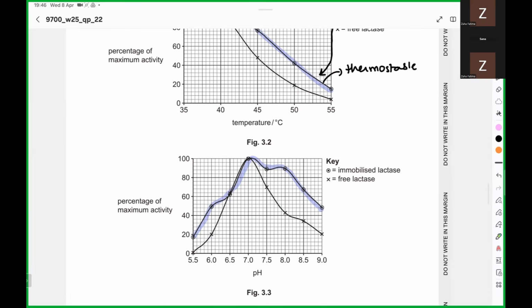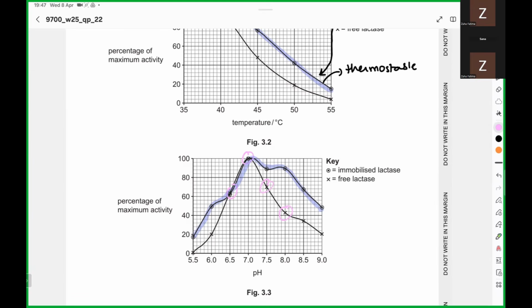फिर हमारे पास क्या कहते हैं, if we look at temperature, so at a range of different, if we look at the pH graph, at a range of different pH, it is still giving us a higher activity compared to the free lactase. So हमारे पास जो free lactase है, the free lactase is giving us high activities in these pH, which is pH 6.5, pH 7, pH 7.5 and pH 8.